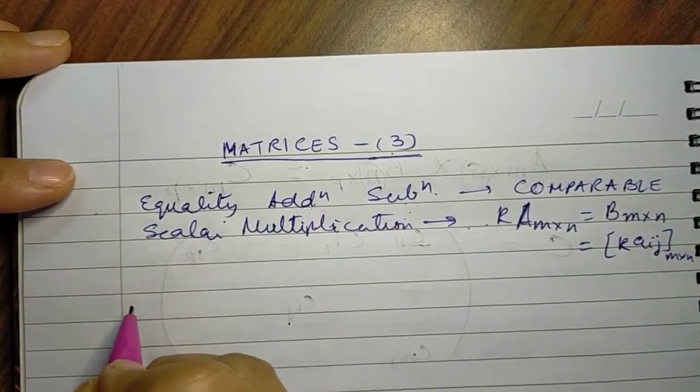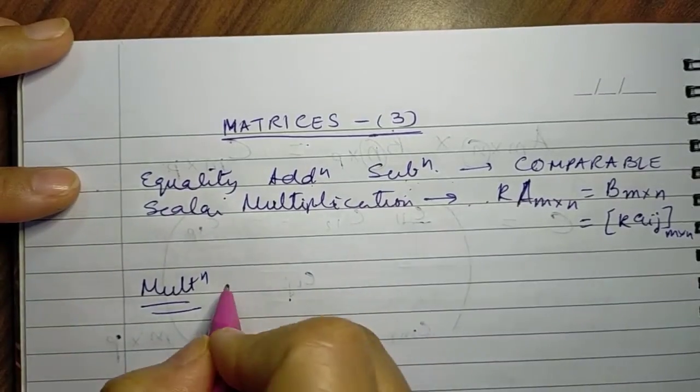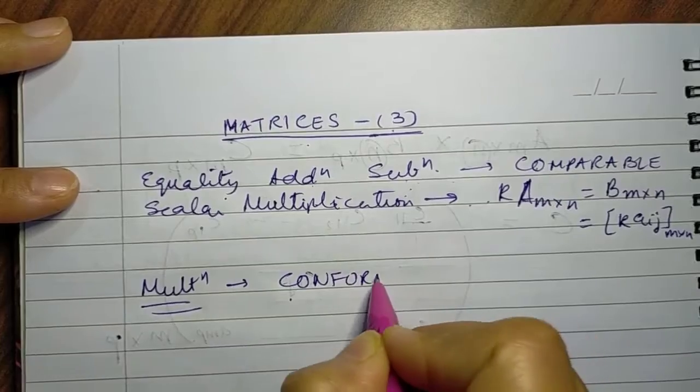Then we saw that in case of multiplication, we need the two matrices to be conformable for multiplication.